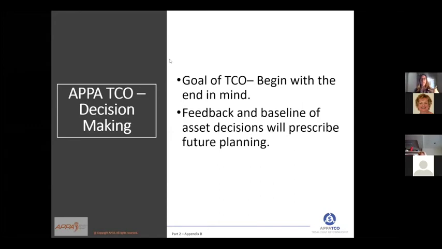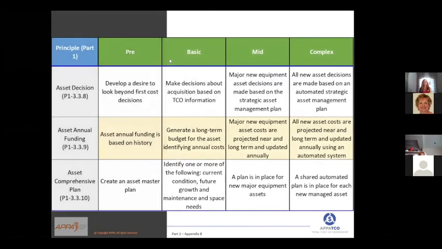Do you want to talk about an existing? Do you want to have financial reporting? Do you want to put together? What is it that you want to do? So that part of that decision making and those questions that you have. So here's the principles within the decision making. So we've got asset decision, we've got our annual funding, and then we've got our comprehensive plan.